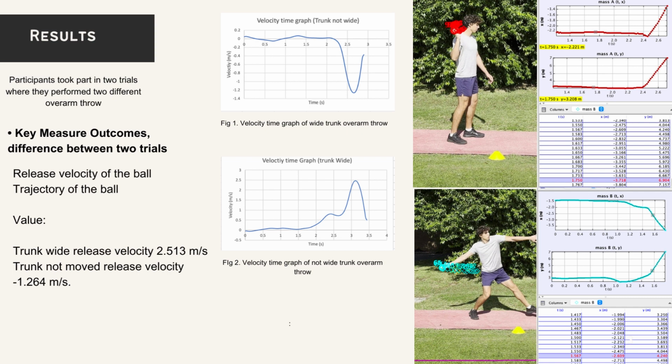That's when you release the ball, so the release velocity would be minus 1.264 meter per second. The value is minus because we're in a linear motion, so it's a movement in a straight line. In the context of linear motion, a velocity can be negative when the object is moving in the opposite direction of the chosen positive direction or reference frame.